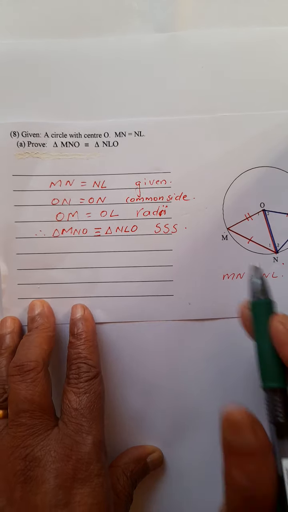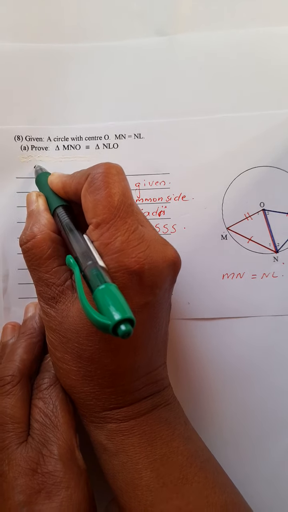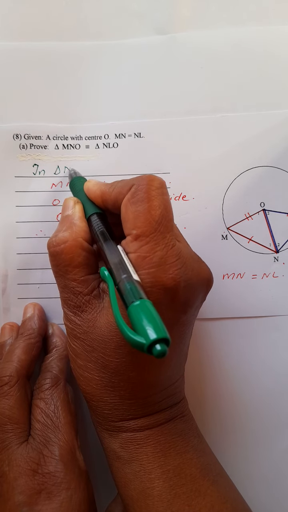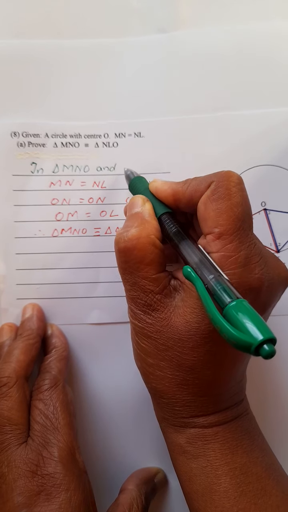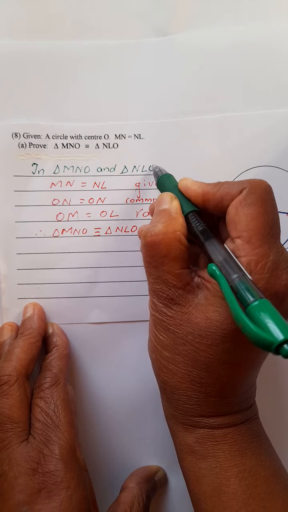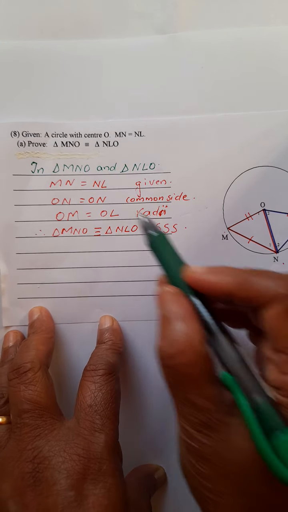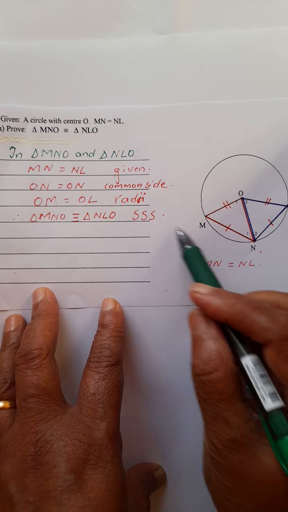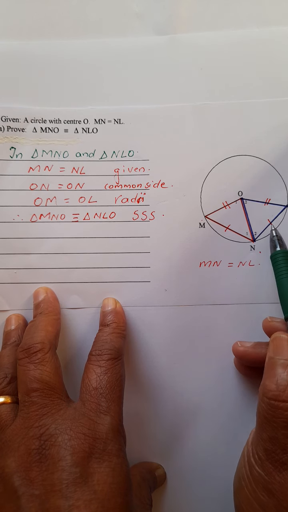We first mention the two triangles we are going to look into, that is triangle MNO and triangle NLO. These are the two triangles we want to prove congruent. In those two triangles, we know already MN is equal to NL.